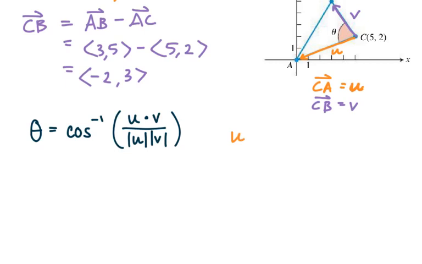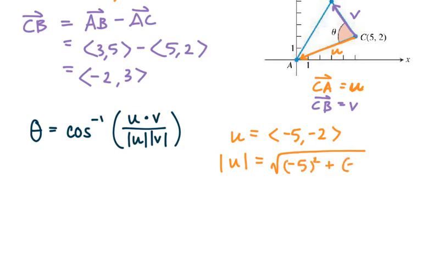u equals -5, -2. Therefore, the magnitude of u is the square root of -5 squared plus -2 squared, or the square root of 29. v is -2, 3.